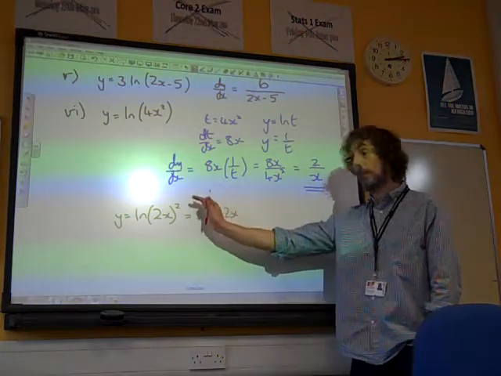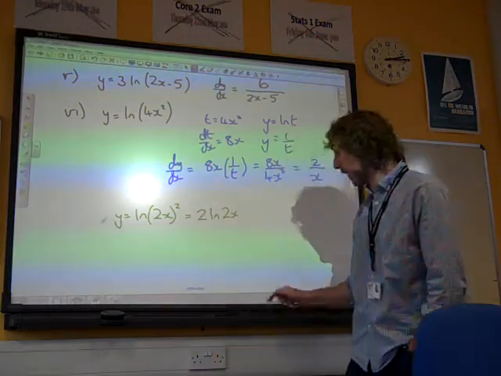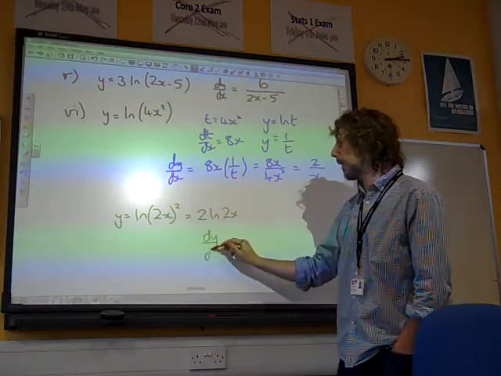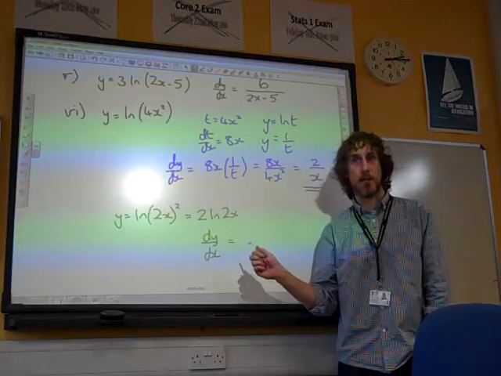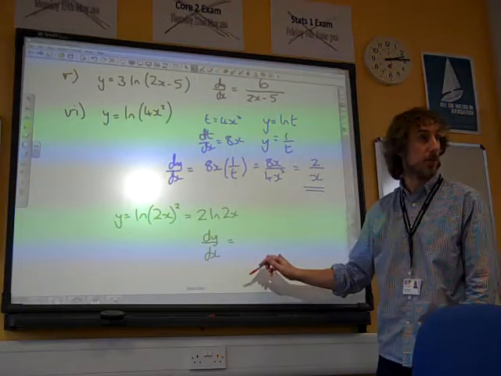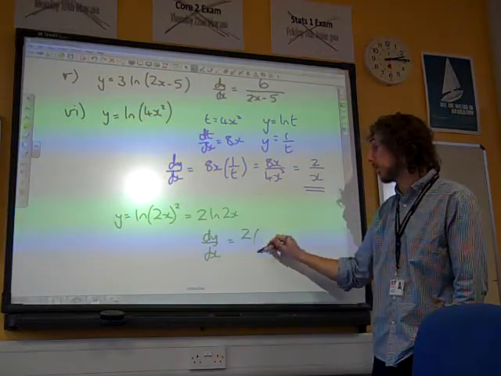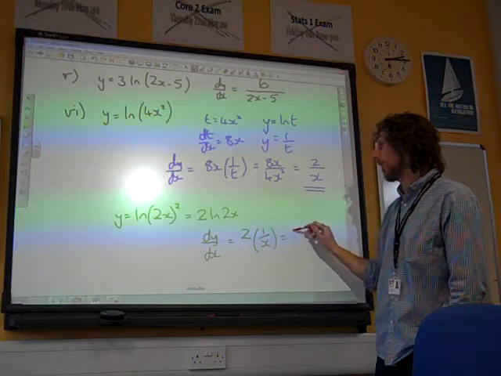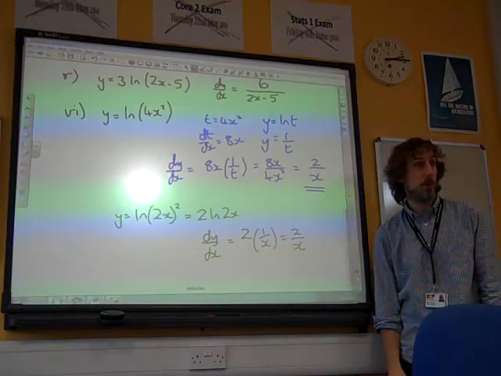If you differentiate ln 2x, remember this was one that was a bit sneaky, we got slightly caught out with. If we differentiate ln 2x, we get 2 over 2x, or 1 over x. But we already had a 2 there, so it's 2 times 1 over x, which is 2 over x, which confirms what we did.